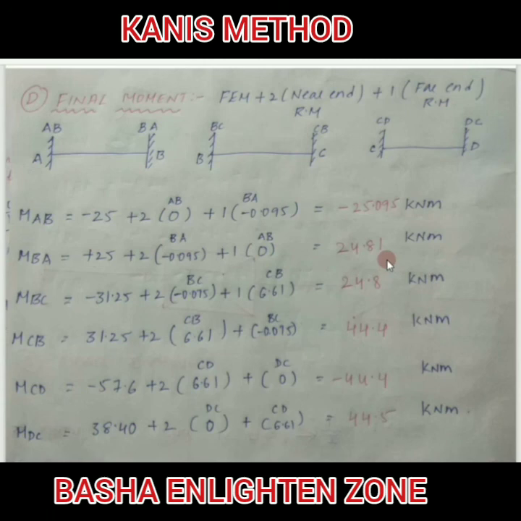If there is some variation, your answer will be wrong, your analysis will be wrong. Similarly, the sum of the moments at joint C will be plus 44.5 minus 44.5, equal to 0. Okay friends, you always remember this as an important note.